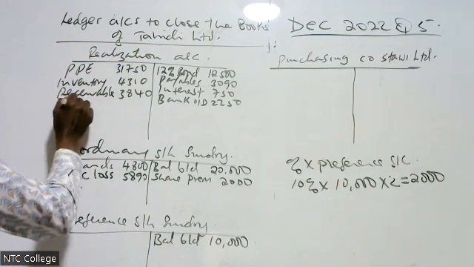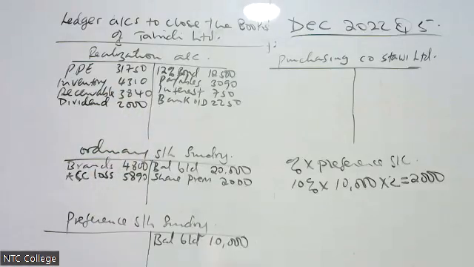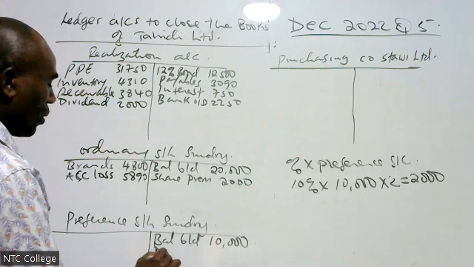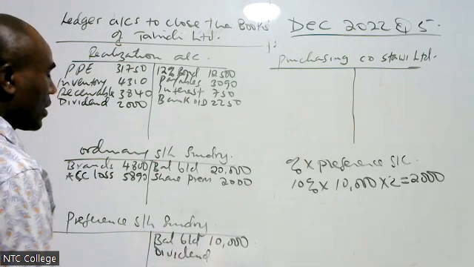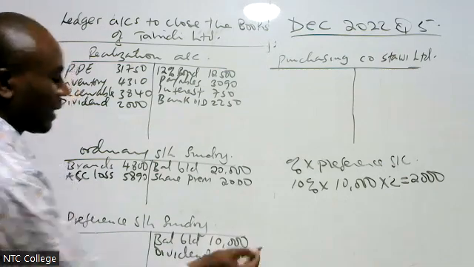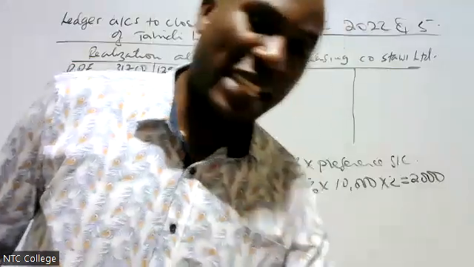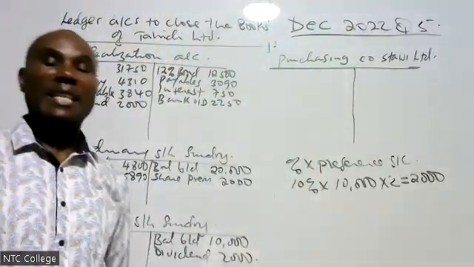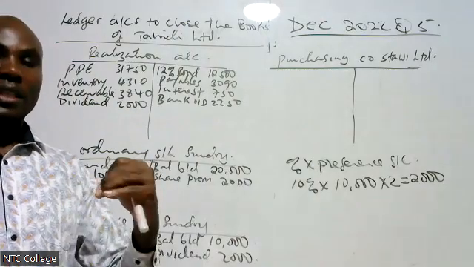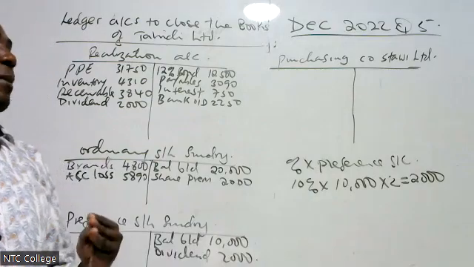I say dividend in arrears, 2,000. I credit preference. I say dividend on preference shareholders, 2,000. That is what we said about note number 6 with preference dividend in arrears in our journal entries.